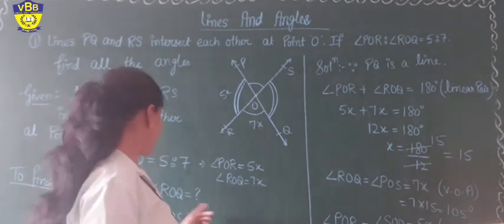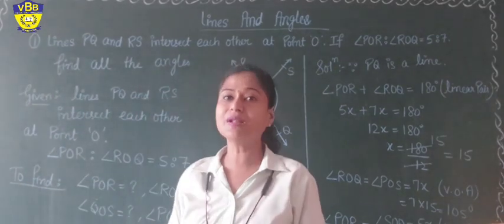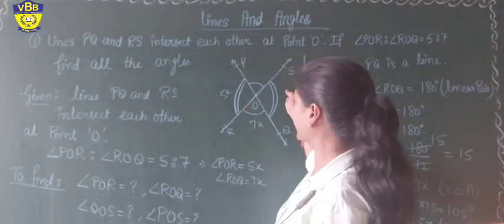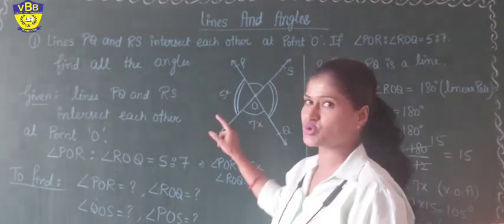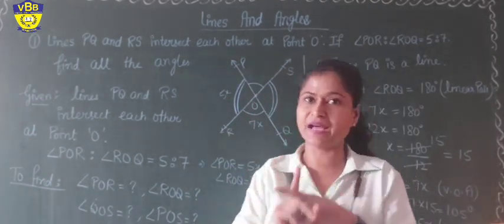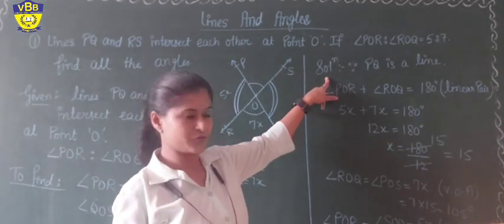In this question we need to find all the angles made by these two intersecting lines.